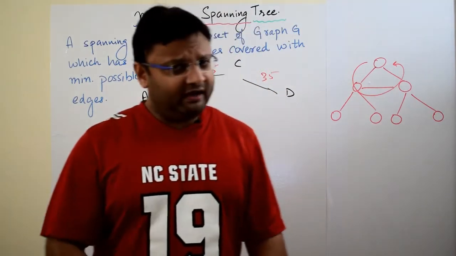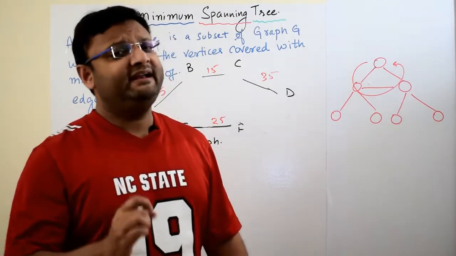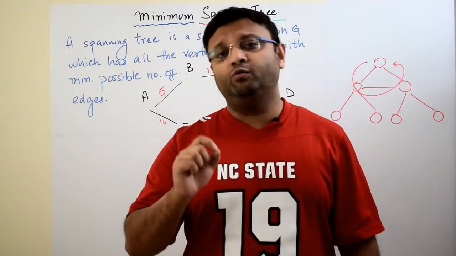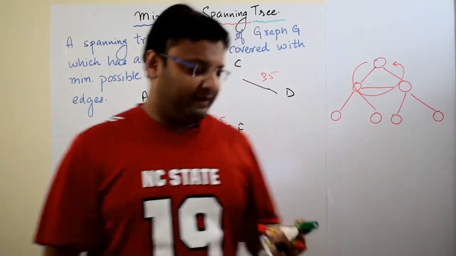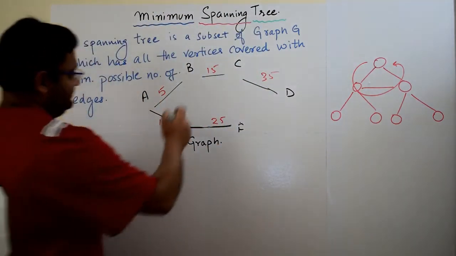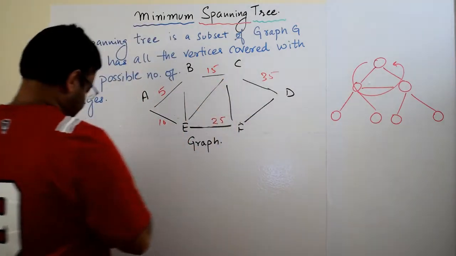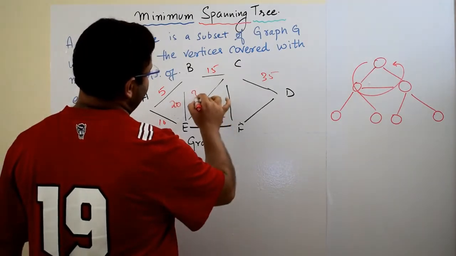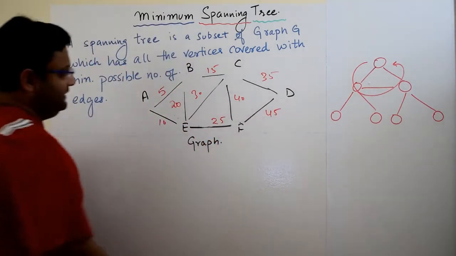Now you would ask what the applications are, and by now you might have started getting an inkling or an idea of what the practical applications of this minimum spanning tree are. So let's again make this a graph once more, and this time let me have it 20, 25, 30, 35, 40 and 45, correct?